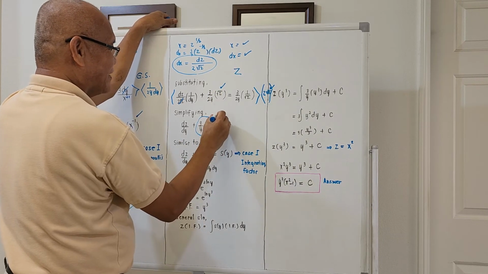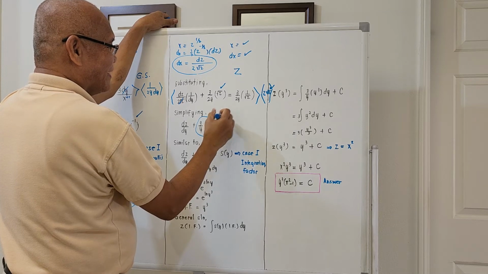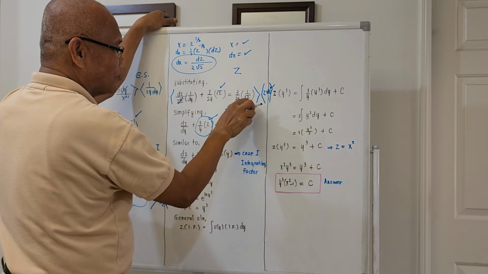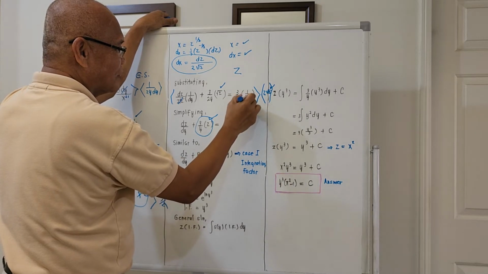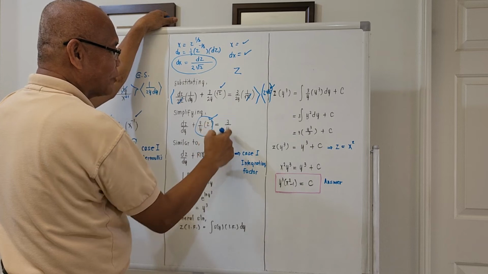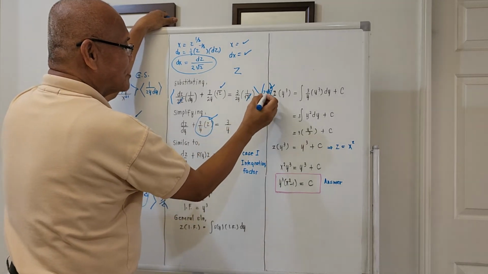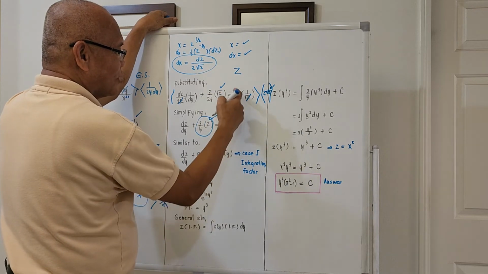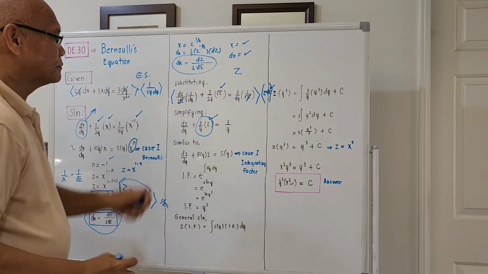And for the right hand side, this is the square root of z at the bottom, so this cancels out. What remains on the right hand side will be simply 3 over y. This 2 cancels with this also.